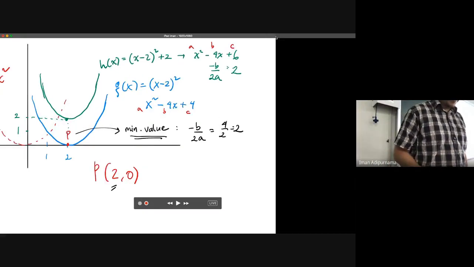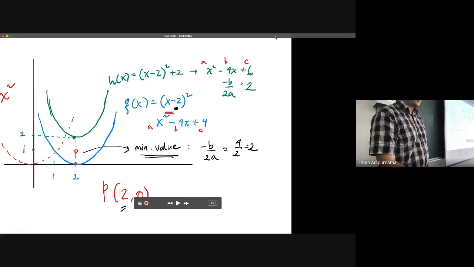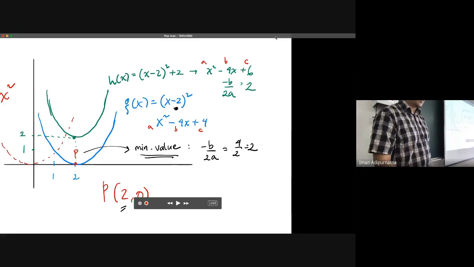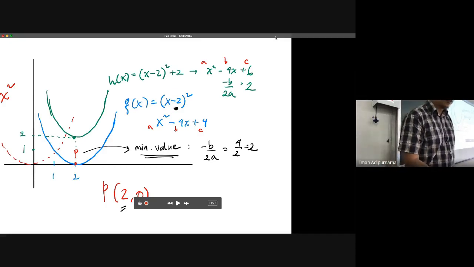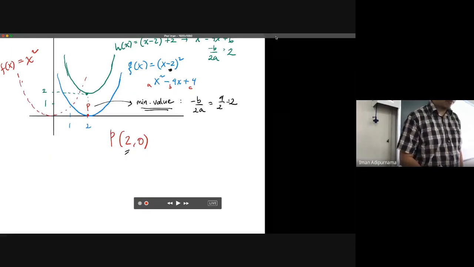And from here you can see this 2 here, x minus 2. Actually, we can conclude, if you see any expansion form and you want to prove that this is actually the minimum value, I can rewrite it in standard form.